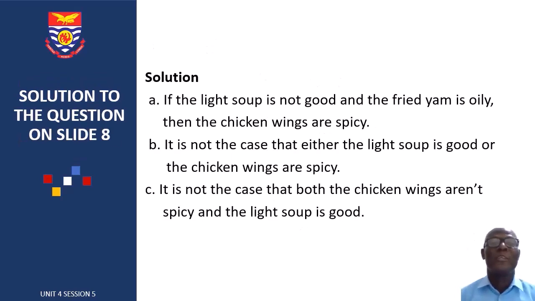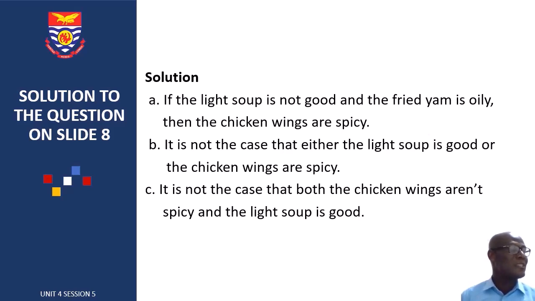Solution to the question in the previous slide. For us to solve A, we first have to negate the statement P. The statement P is the light soup is good. So its negation is the light soup is not good.